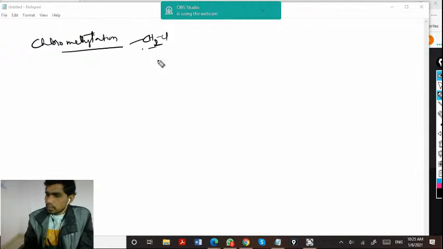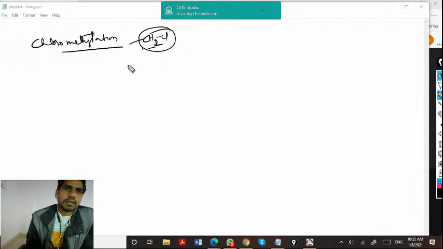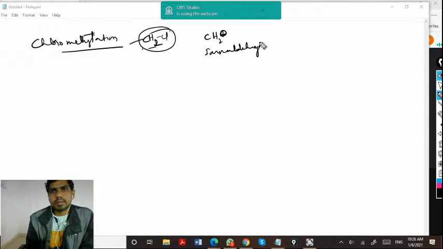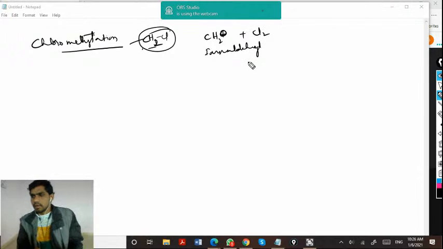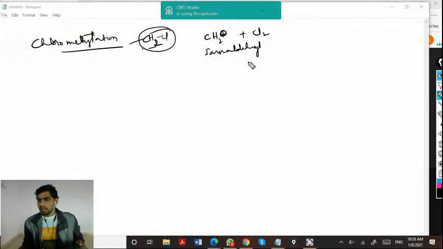So for this addition, the reagent is CH2O, that is formaldehyde, along with the HCl. Or you can also take HCl.